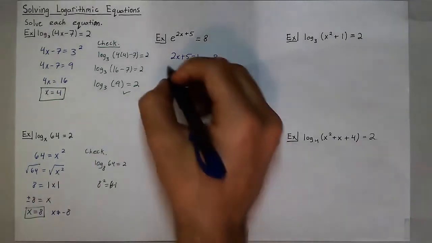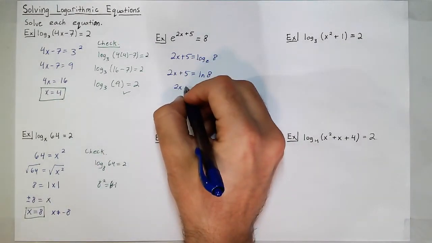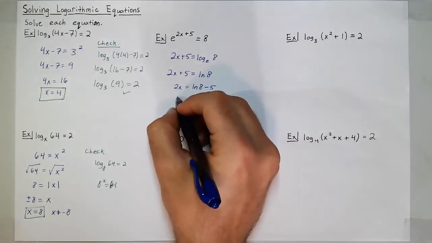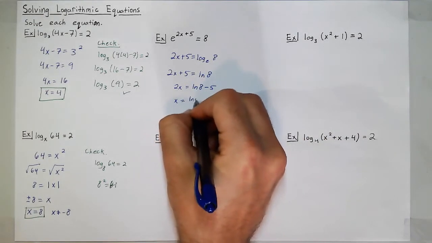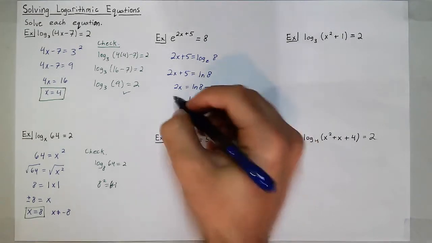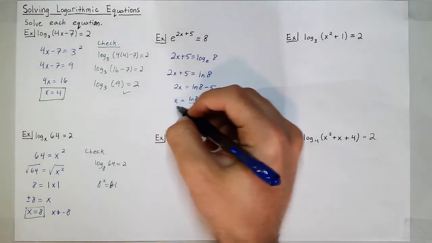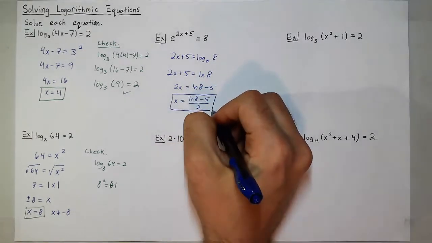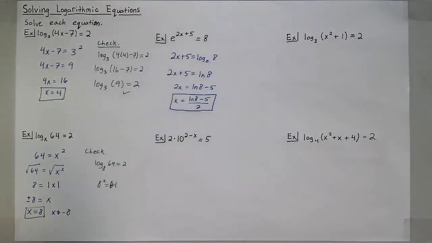Then we'll subtract 5. We get 2x is equal to natural log of 8 minus 5. Divided by 2, we get natural log of 8 minus 5 all over 2. Now, if this was an application, you would need to know how to get an approximate solution for that expression.